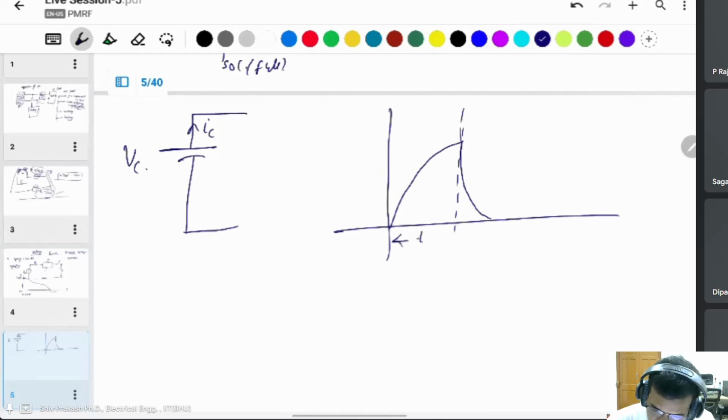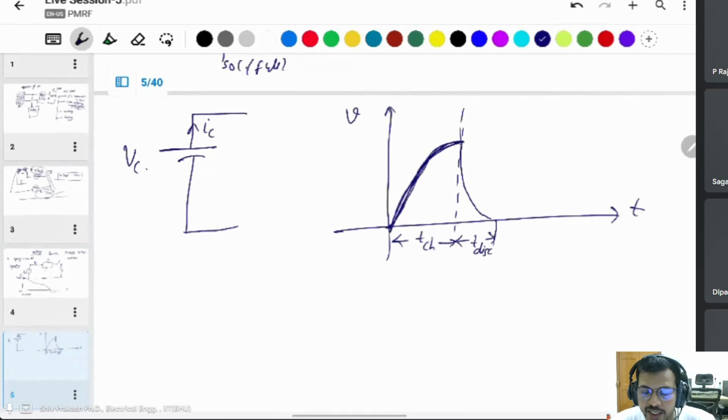This will be T charging, this will be T discharging, voltage and time. And this thing is known as the time constant. The time taken to charge the capacitor depends on the time constant. Time constant, you know about RC.